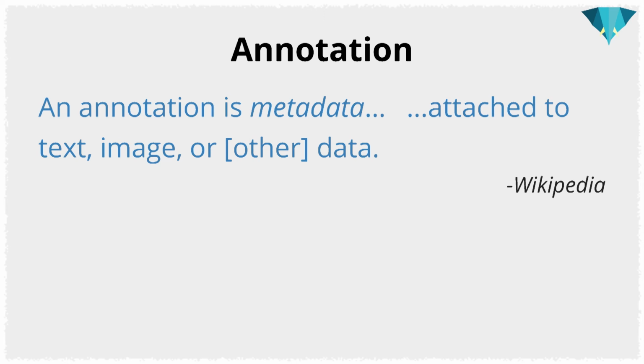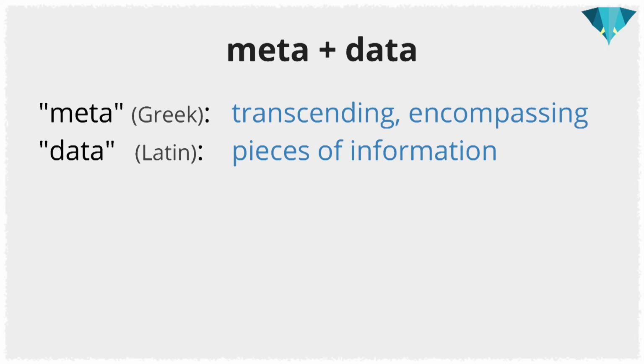So it's metadata attached to data. So what is metadata? Metadata is a cool word because it's half Greek and half Latin. And we see that meta means transcending or encompassing. But I like to think of it as extending or enriching. So it's something that adds value to something else. And everybody here knows what data is, I hope.